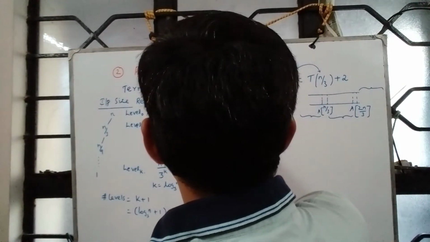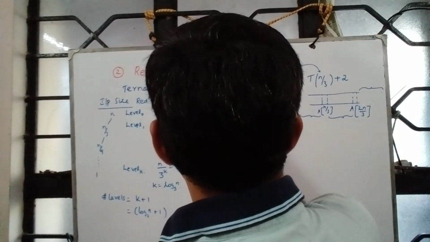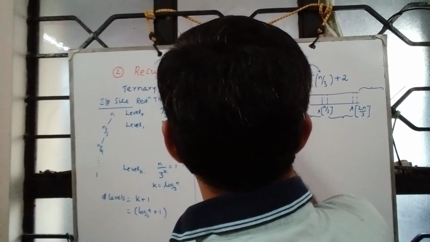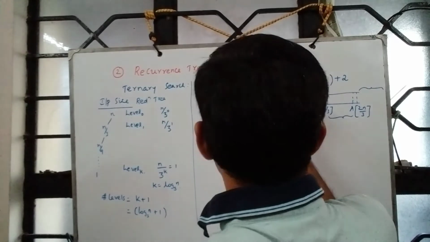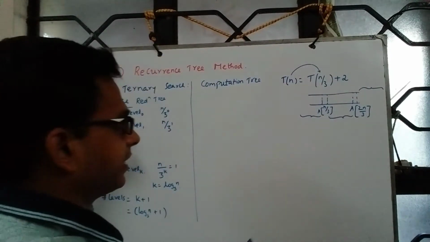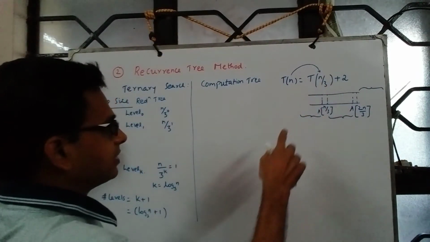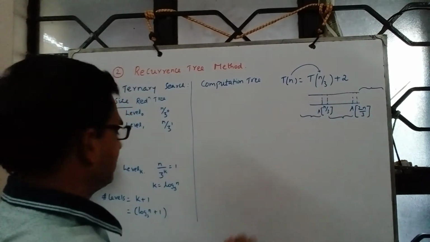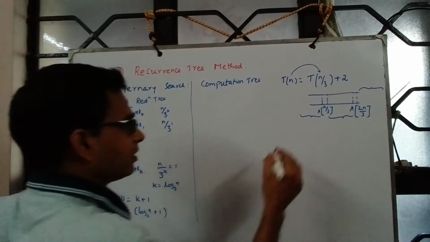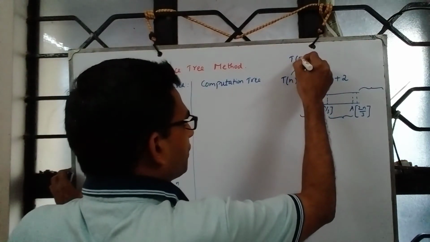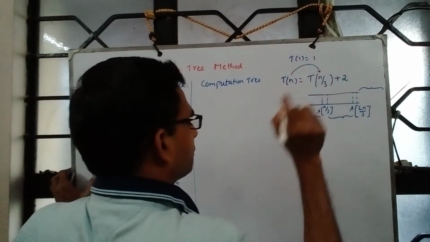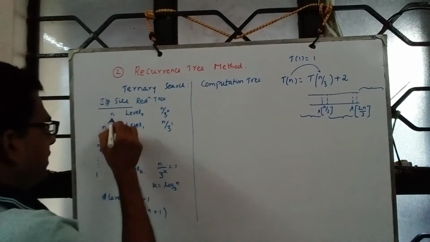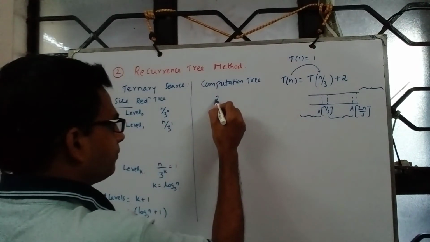On the other side, we look at the computation tree. Now when problem size is n, we incur two comparisons. Then when problem size is n by 3, again we incur two comparisons. We keep doing it. But when problem size becomes 1, we incur just one comparison. So at the root it is 2.